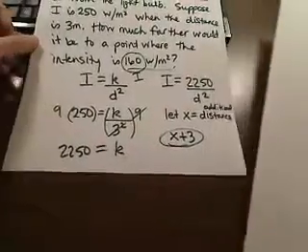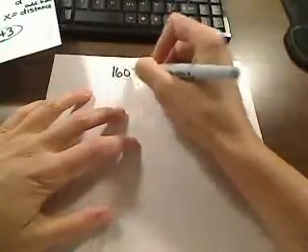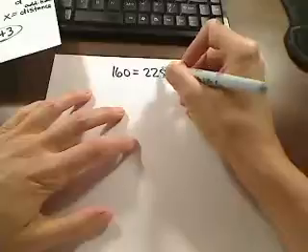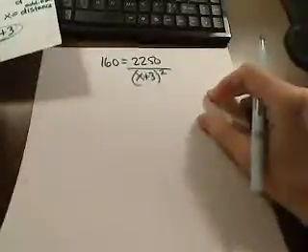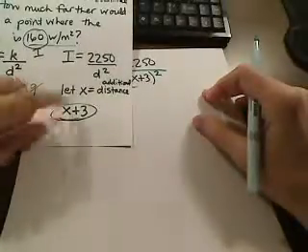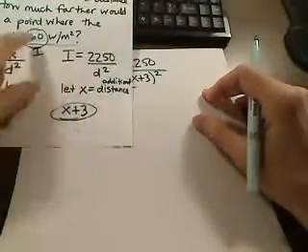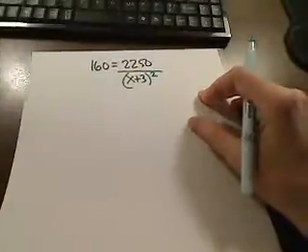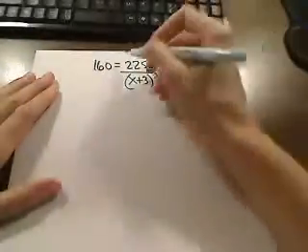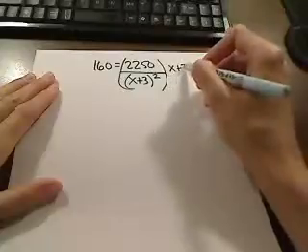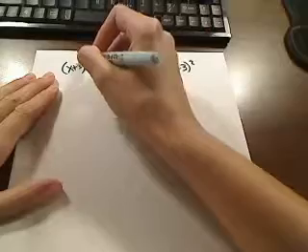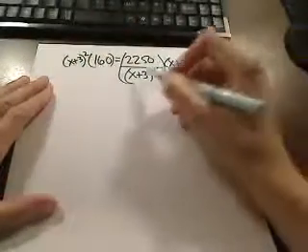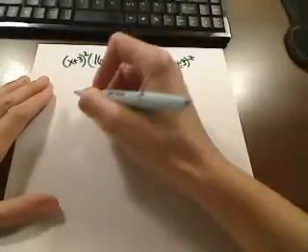All right, so if I plug those values in, it's going to look like 160 equal to 2250 over (x plus 3) quantity squared. And again, that's me plugging in x plus 3 for the d and 160 for the I. Okay, now we just want to solve this for x, so I'm going to multiply both sides by (x plus 3) squared, so I can get that out of the bottom and into the numerator.